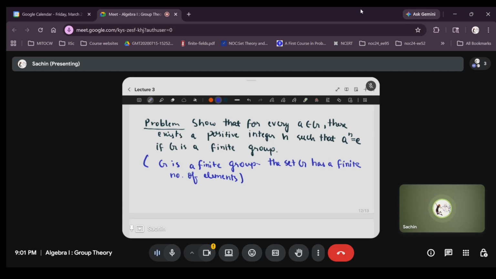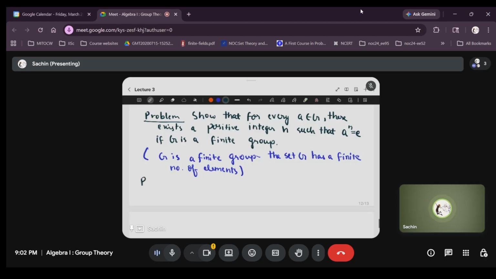So what this problem is saying is that if a group is finite, then for some integer n, so fix one element A in G. So pick an element first, then for that element there will be some integer n such that A power n is equal to E. And the proof for that is this.